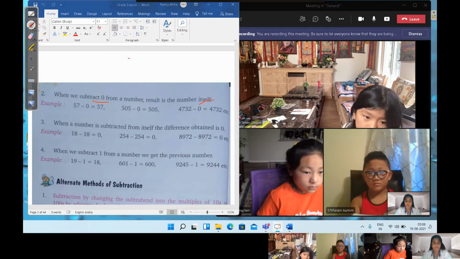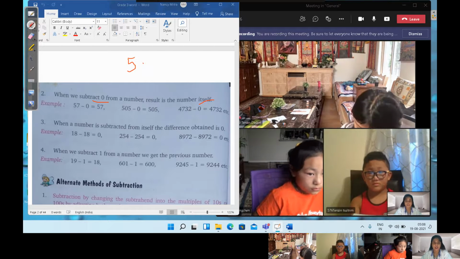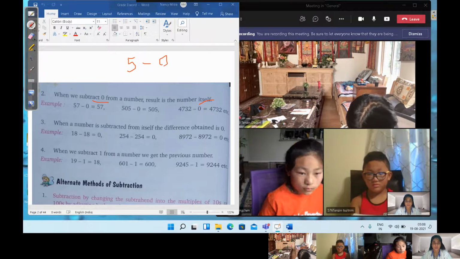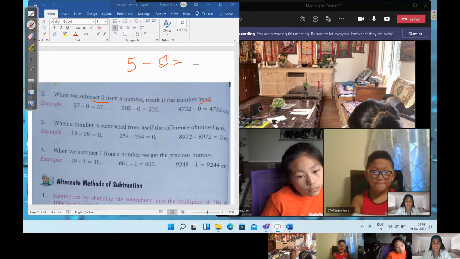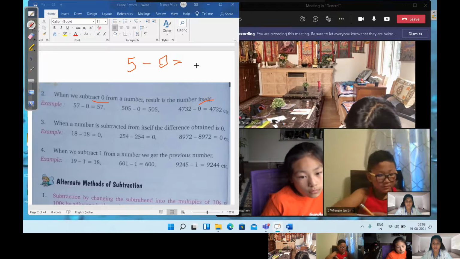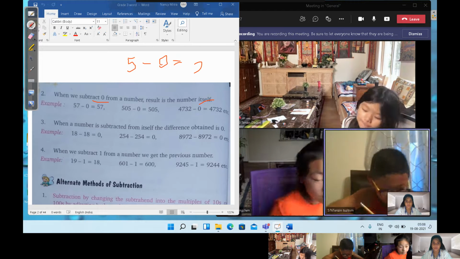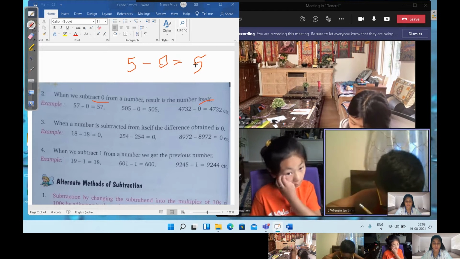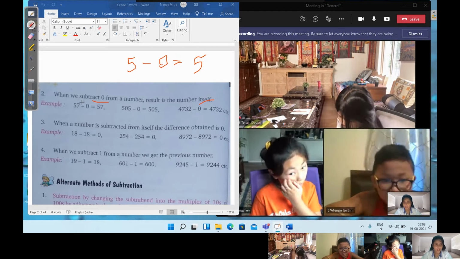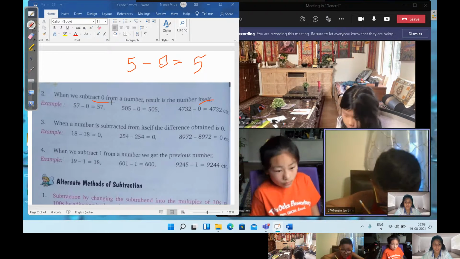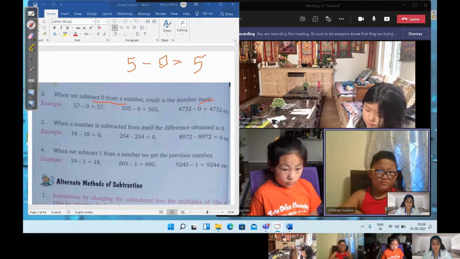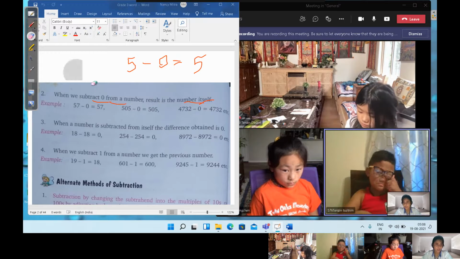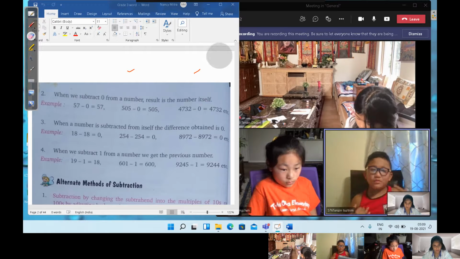For example, if you have 5 books and I say subtract 0 from your books, there is no change. So the second rule is that when you subtract 0 from a number, the result is the number itself.